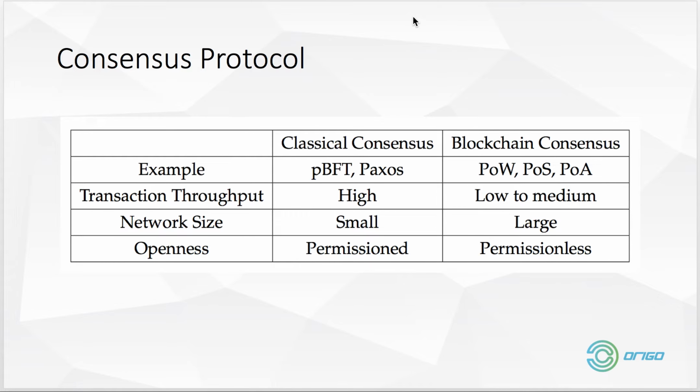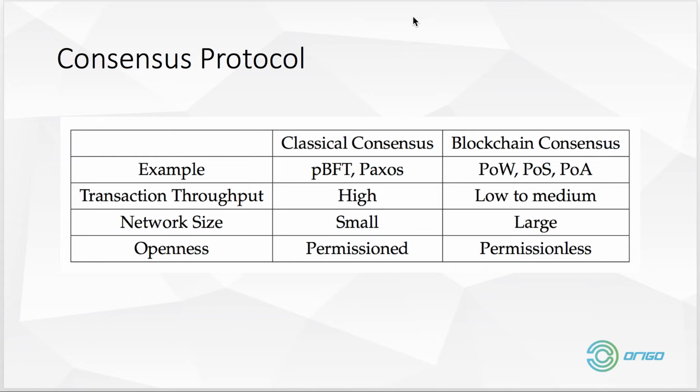The other type of consensus is blockchain consensus. I think you have definitely heard about it: POW, POS, and the new POA. This is pretty good for a large scale permissionless blockchain, where everybody can join the network. It doesn't need to be permissioned, and it could be really large.